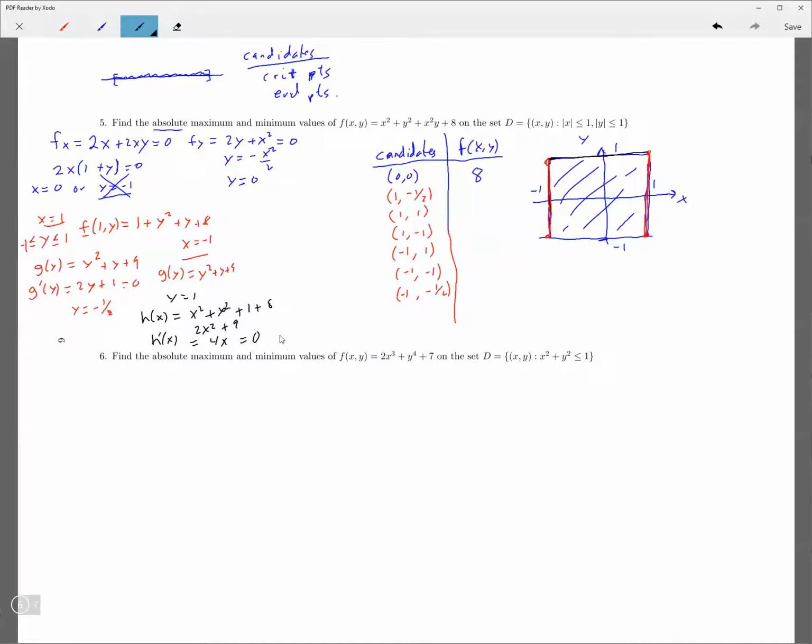And if you set that equal to 0, you get x equals 0. So that gives us 0, 1 as another candidate, which is up here.